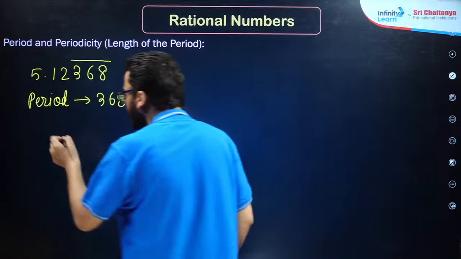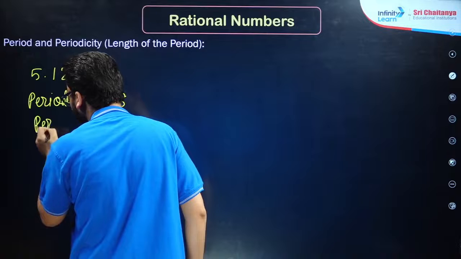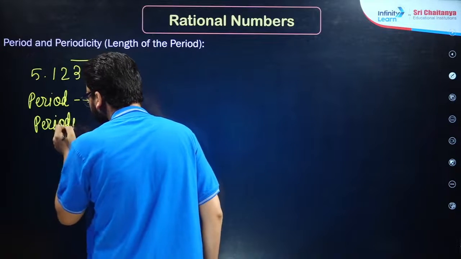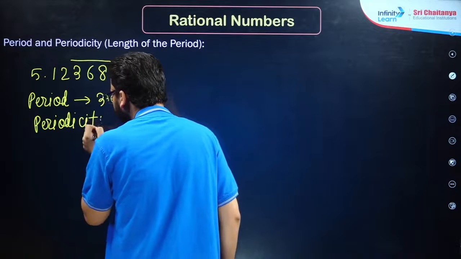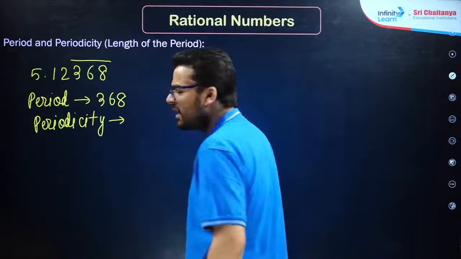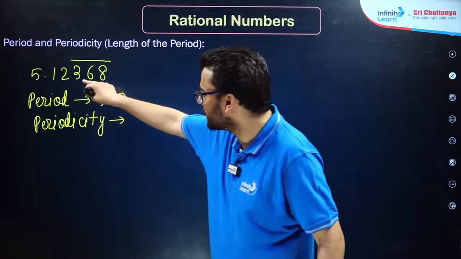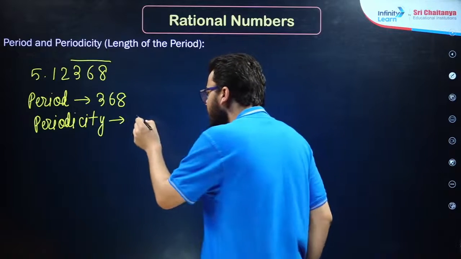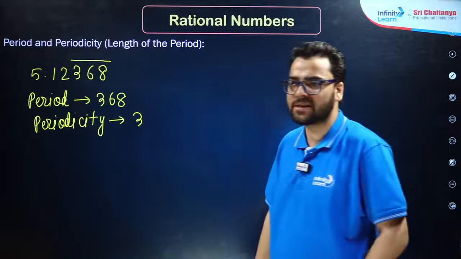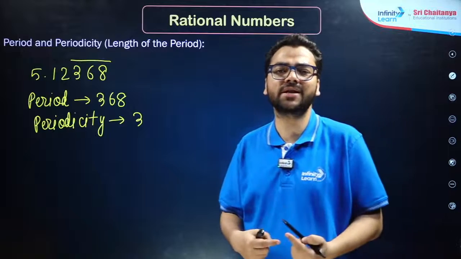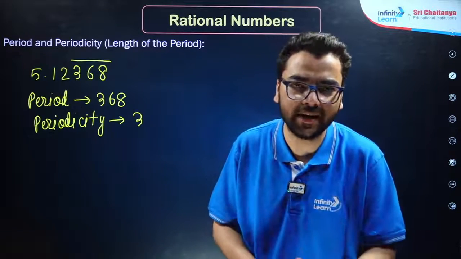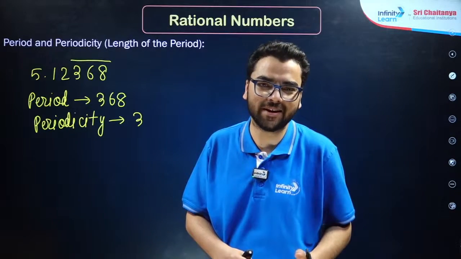And what about the periodicity? You call it periodicity or the length of the period. It means the number of digits repeating. So over here 3 digits are repeating, so the periodicity is 3. Is it clear? The number of digits repeating is the periodicity or the length of the period.